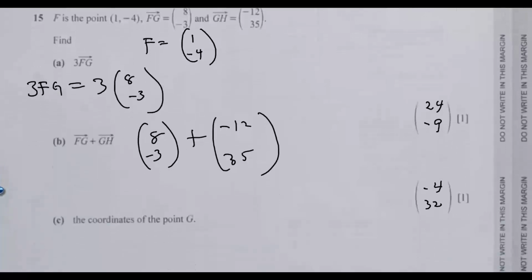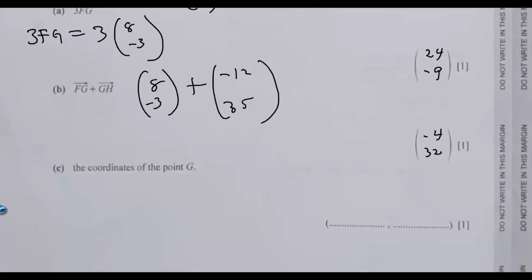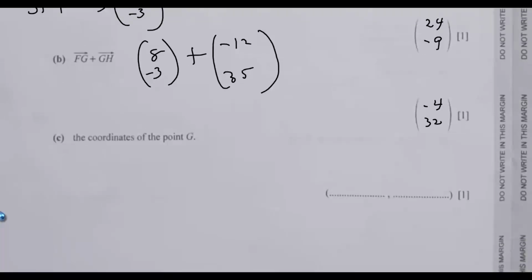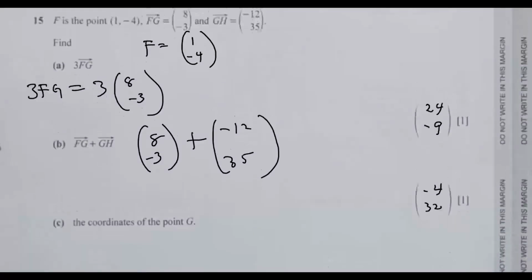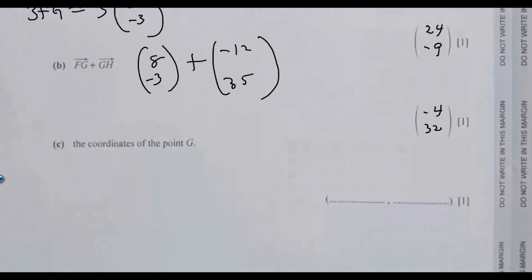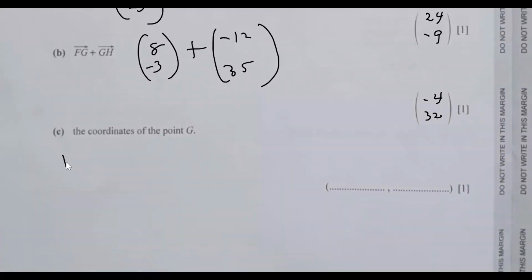Let's scroll down a little bit. So the coordinate of the point G. So already we know, let's see what you have here for F. F is giving us 1 by -4. So you have F to be equals to 1, -4. Okay, then what is G?